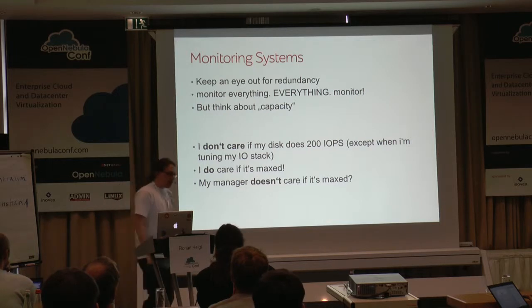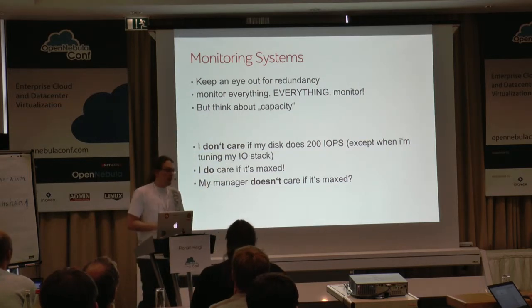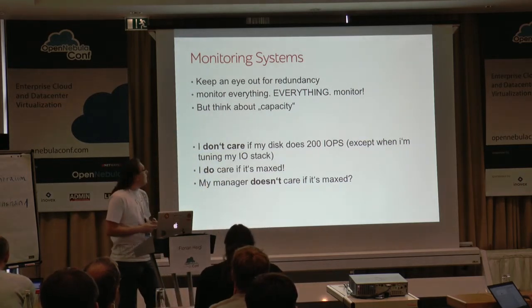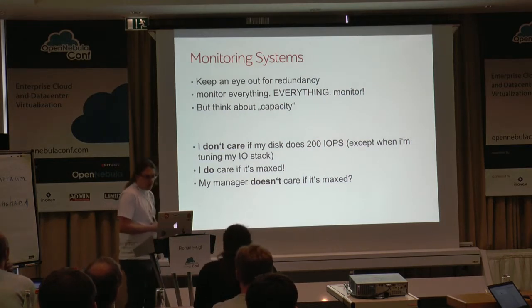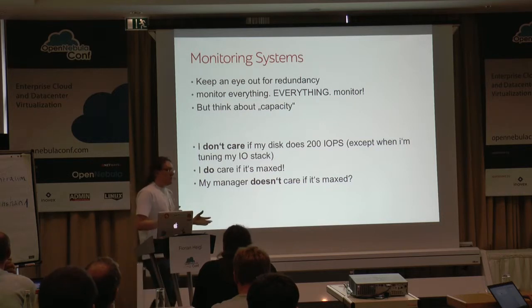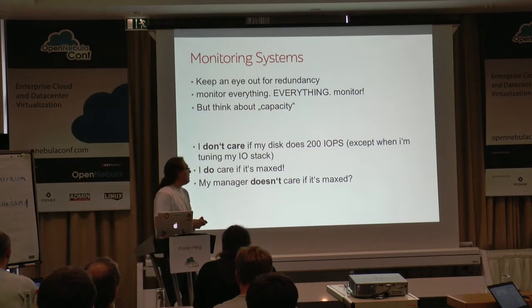The problem is the checks we create like that normally only monitor component status, or CPU load. But I started to think about capacity. For example, you have your disks, and you can track with most monitoring systems what the I/O rates are.